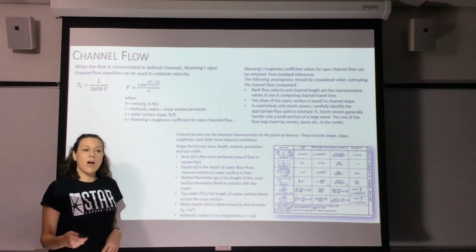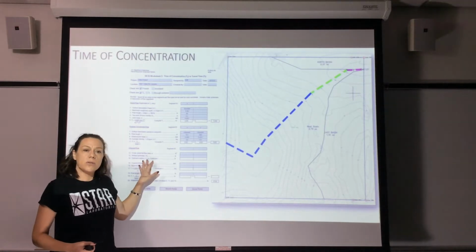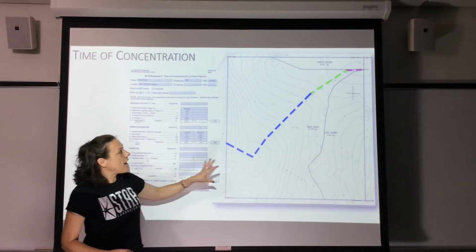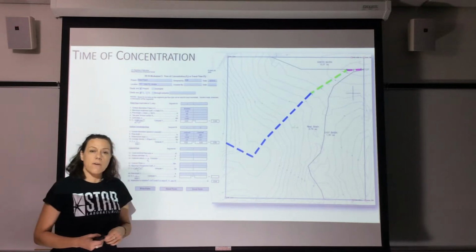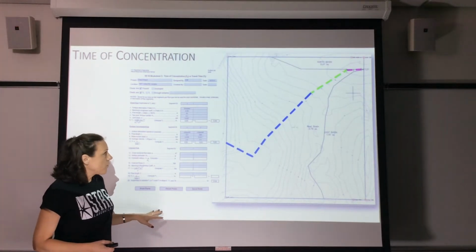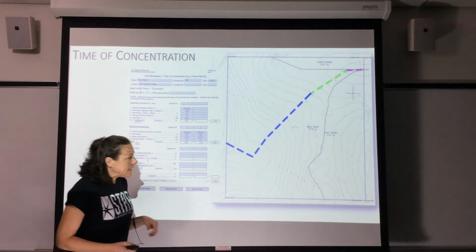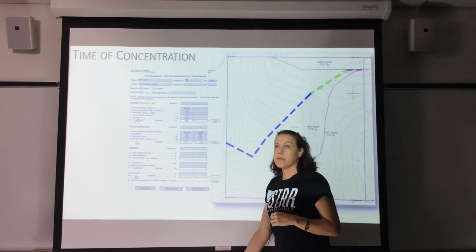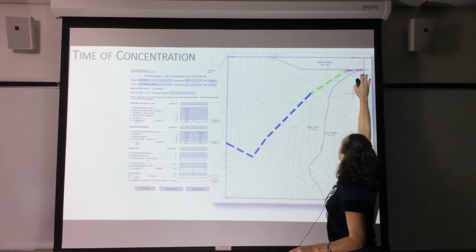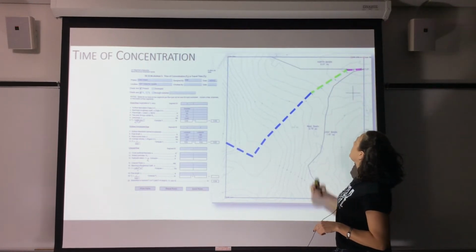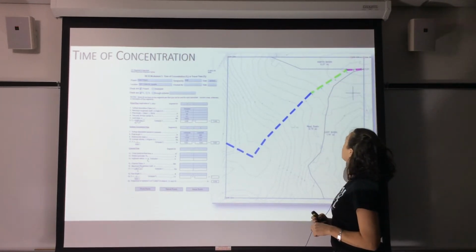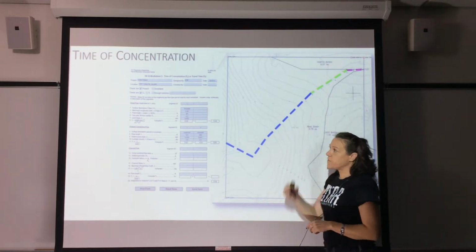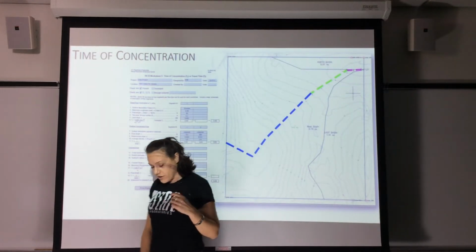Now, once we get all of that data, we're going to figure out where our first part of our overland flow is. If you take a look up here, I've got 87.27 and 87.19, and I believe that was a 50-foot distance.